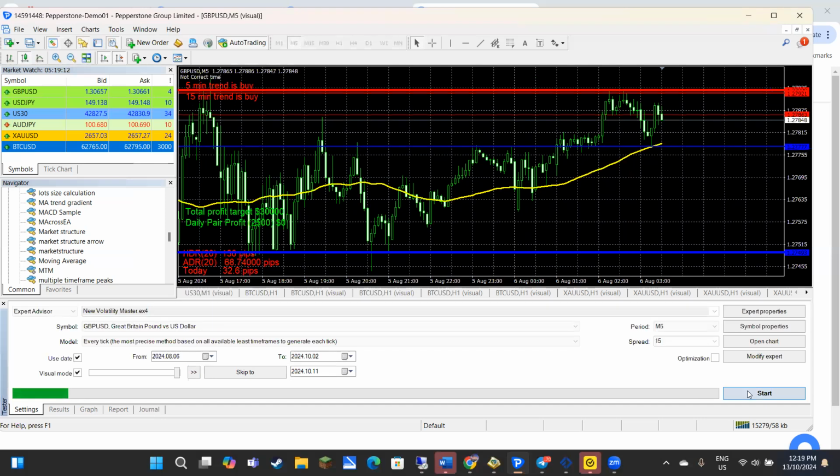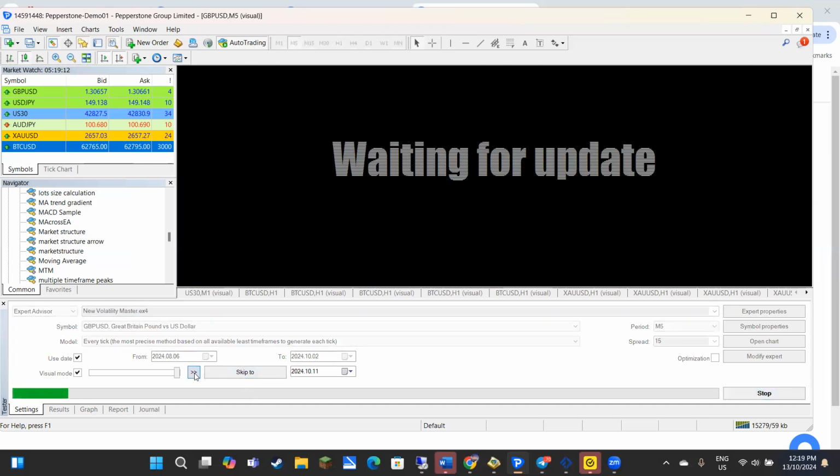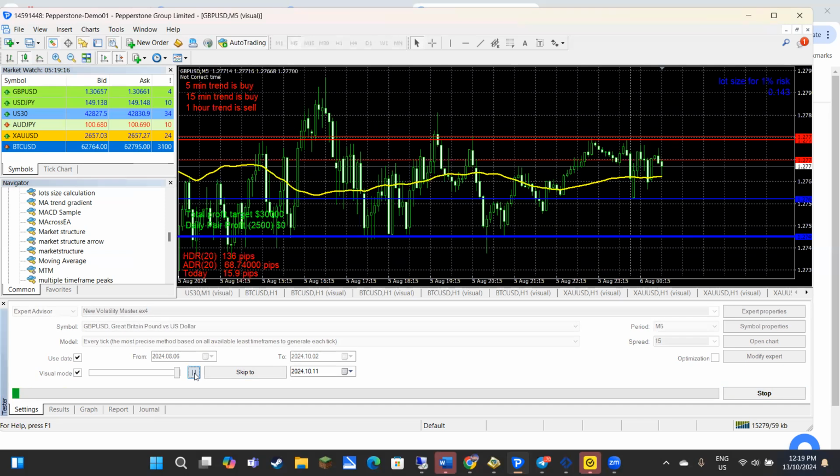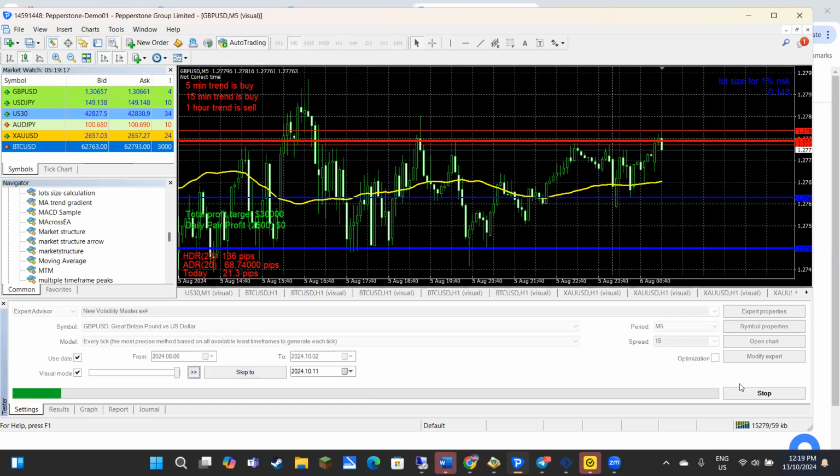Let me just stop and start that again. All right, it's a bit hard to explain, but this vertical line here is the start of the new day's trading. Now, it doesn't really show this because we have the spread set at 15.